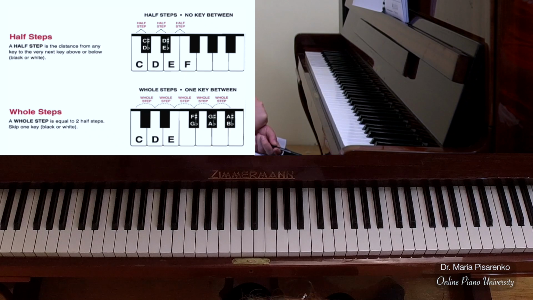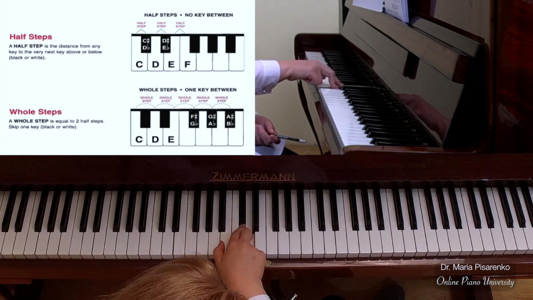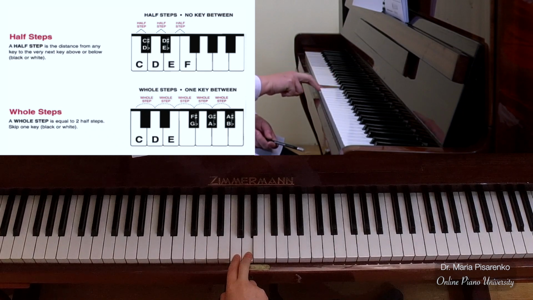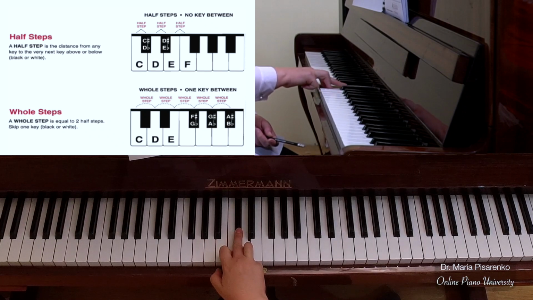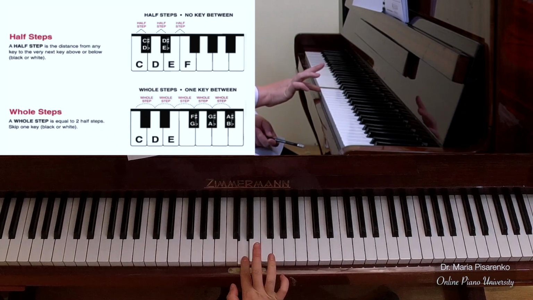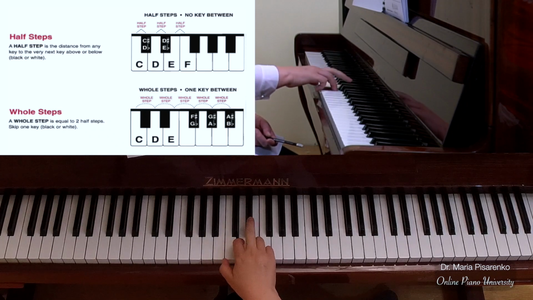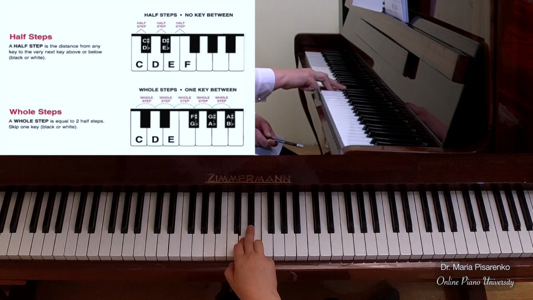Now let's talk about whole steps. A whole step is a half step plus a half step. So the distance between C and D is a whole step because there is one key in between. The distance between D and E is a whole step because one black key is in between.